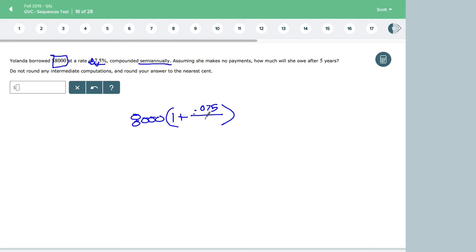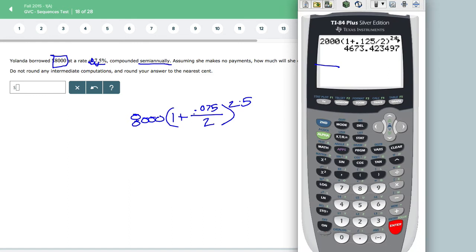It's compounded semi-annually, so 2 times, and we copy that number right there, times the number of years, 5 years. And you can find all of this on that paper I handed out, the notes that you can use on your test. If you've lost it, you can get a new sheet long before you take the test.